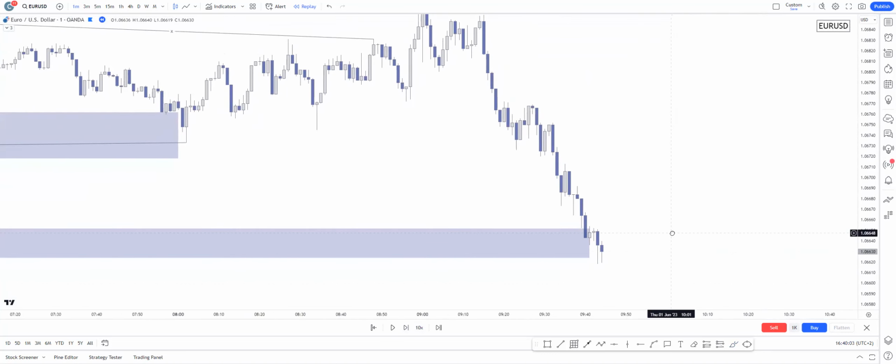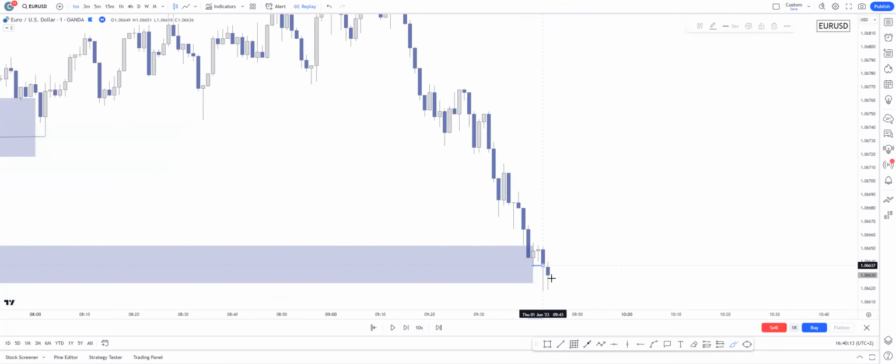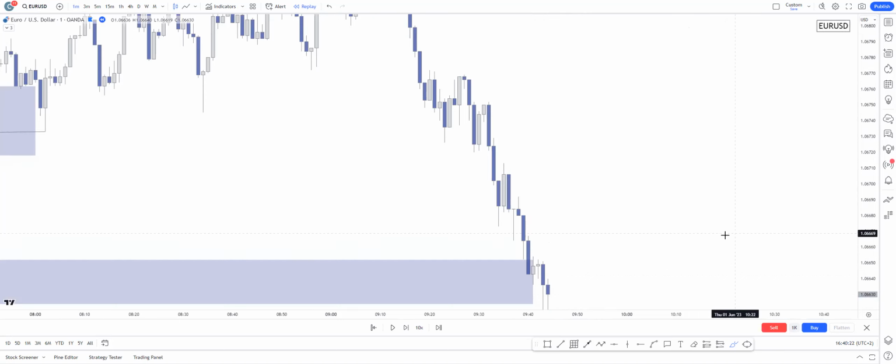And yeah, we have a new break of structure to the downside. So there was a new break of structure which actually happened from this high point. As you can see, the body break happened on this low point. So we have a new high point in this case.